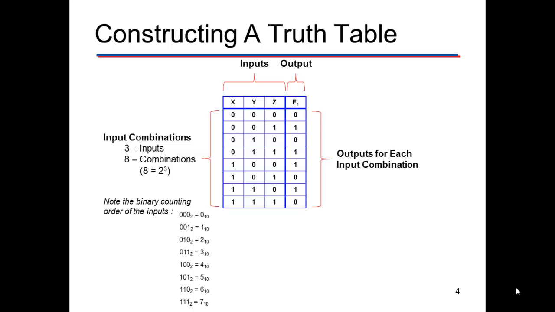We start with 0, we end with 7. The first one is 0, 1, 2, if we just look at X, Y, and Z. And then that output, called F1 here, is whatever the response is to those inputs.